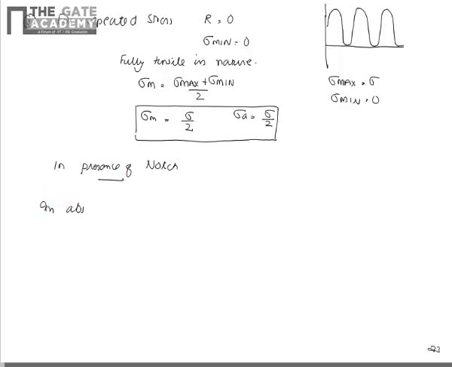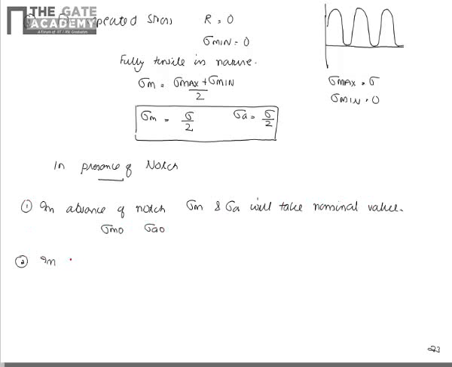In the absence of a notch, sigma m and sigma a will take nominal values, say sigma m0 and sigma a0. In the presence of a notch, sigma m and sigma a are modified by the fatigue stress concentration factor. So how does it get modified?